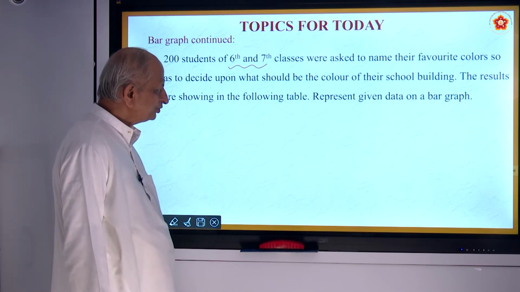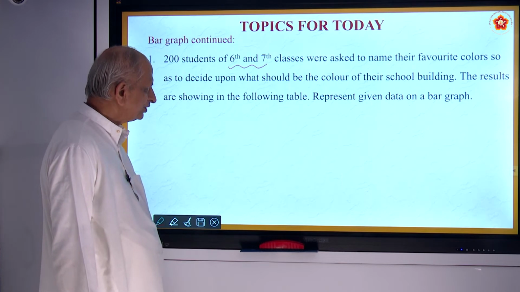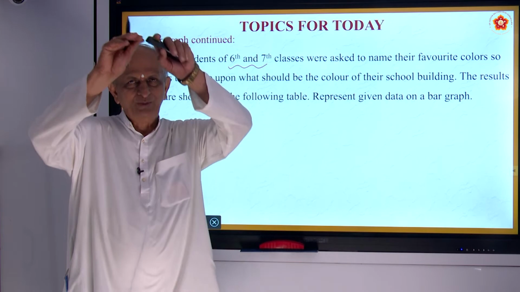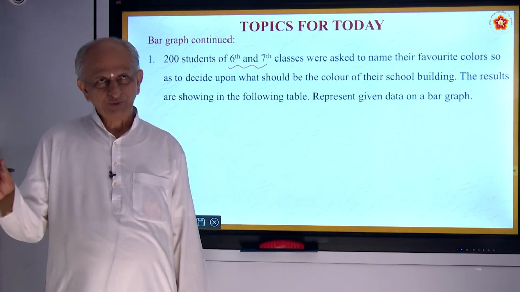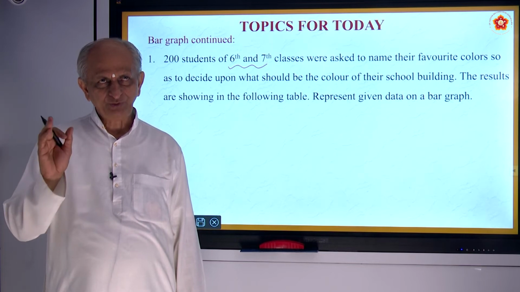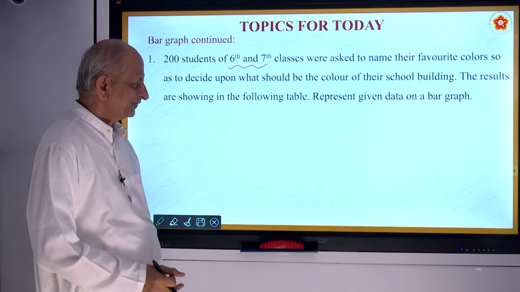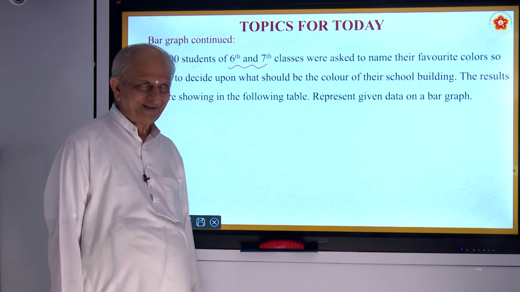So, we are asked to name their favorite colors so as to decide upon what should be the color of their school building. So, they have got a school building and the students, both boys and girls, were asked to tell the colors for the building. Very nice project, right? Understanding what I am telling? Correct.